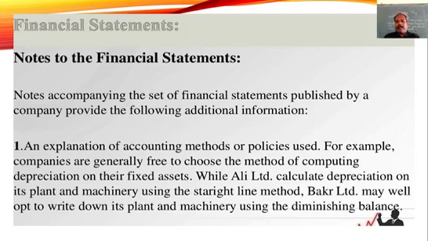While Ali Limited calculated depreciation on its plant and machinery using the straight line method, Bauer Limited may well opt to write down its plant and machinery using the diminishing balance method. Depending upon the company's decisions, they will use the methods of depreciation. Generally, most companies use the diminishing balance method or written down value method, right?